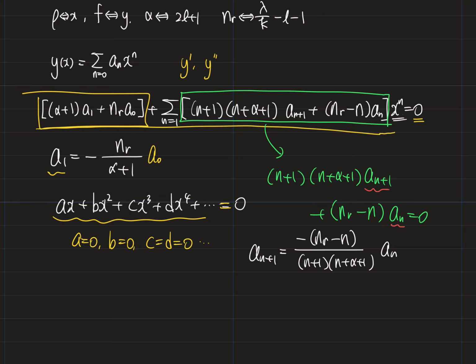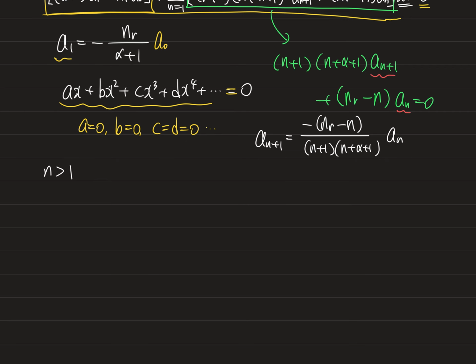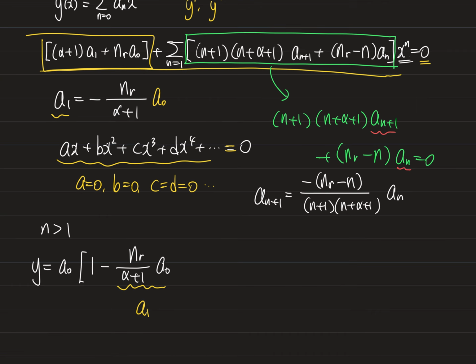So let's write down the explicit expression for the case where n is larger than 1. So in that case, y should be a0 multiplied by 1 and alpha plus 1 and r a0. So you may realize that this corresponds to a1, right, from this relation.